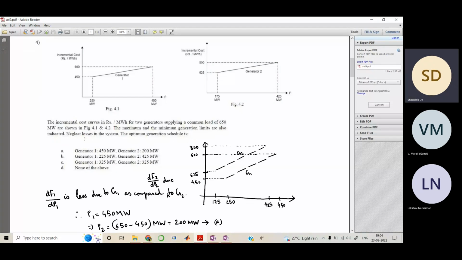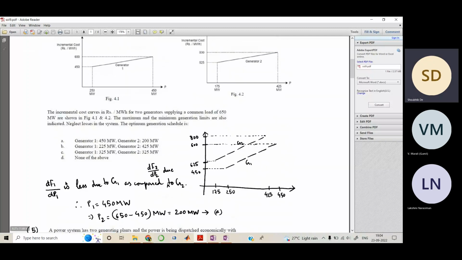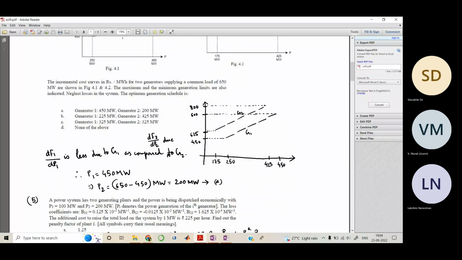Again we have to neglect any kind of loss, and they are asking to find the optimum generation schedule. For this, you need to plot these two lines in the same graph itself. I have plotted this, and you can see our y-axis is this incremental cost, df/dp.